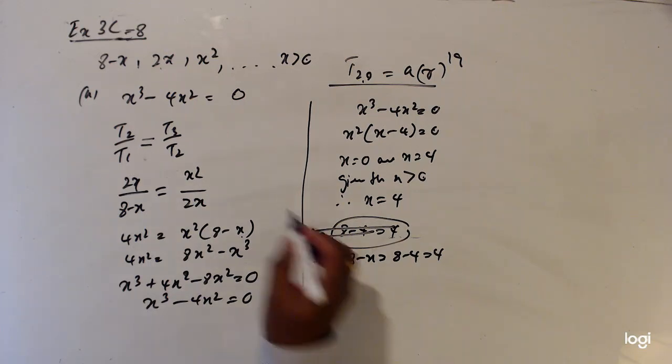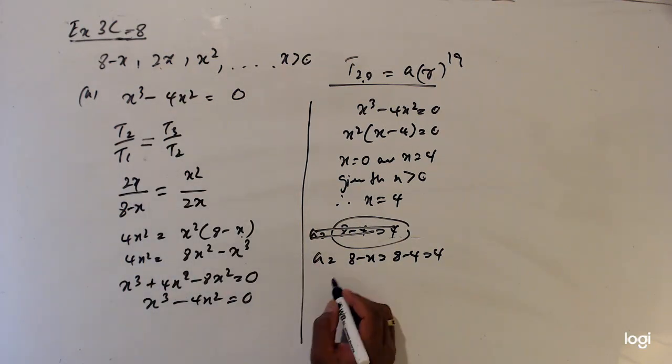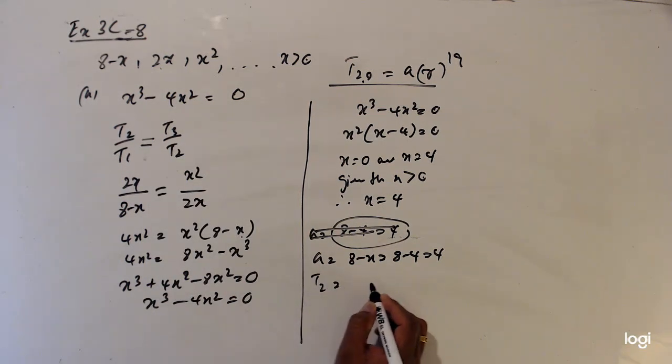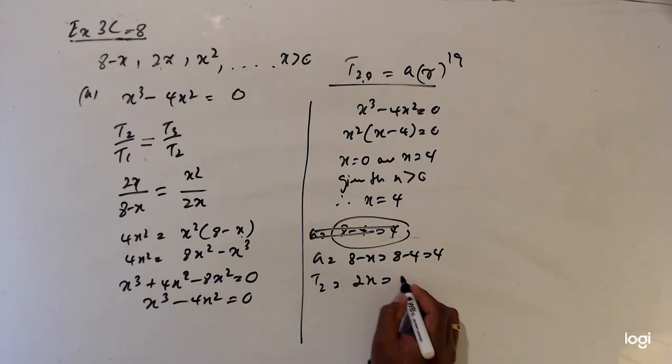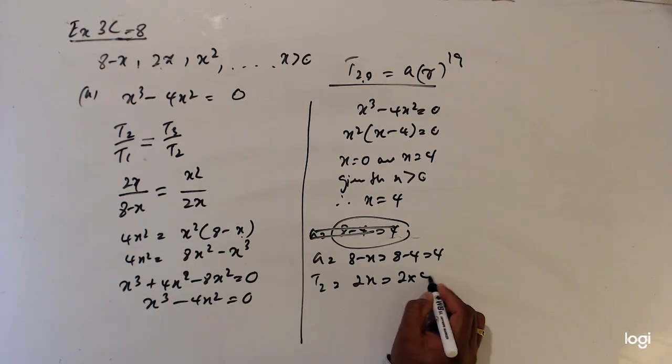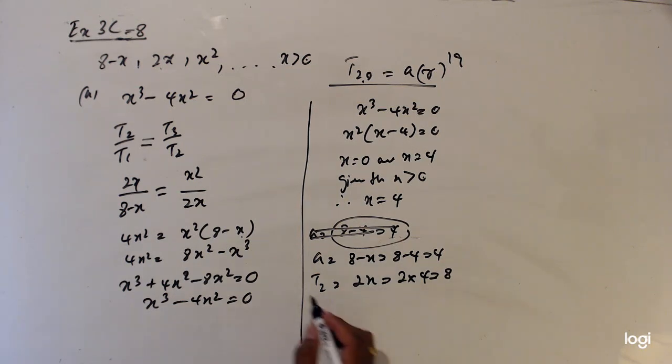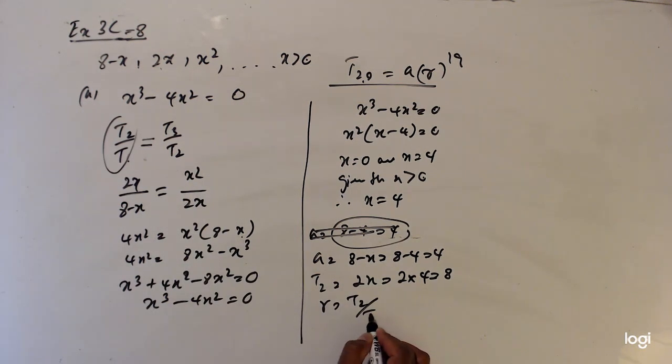And actually we need the second term as well. T2 equals 2x, that is 2 times 4, that is 8. So the ratio r equals T2 divided by T1, that is 8 divided by 4, that is 2.